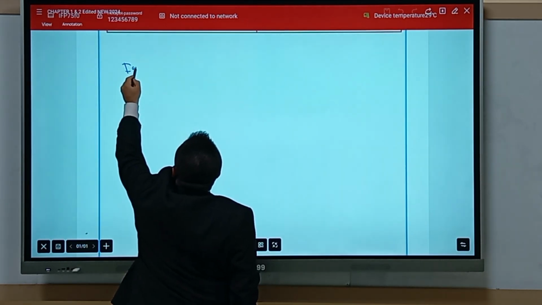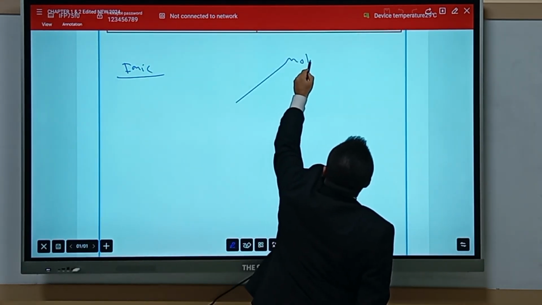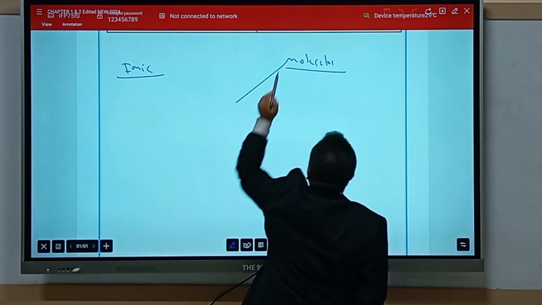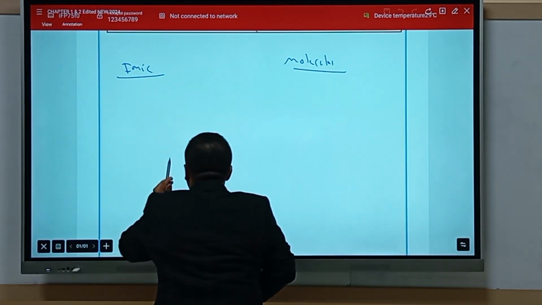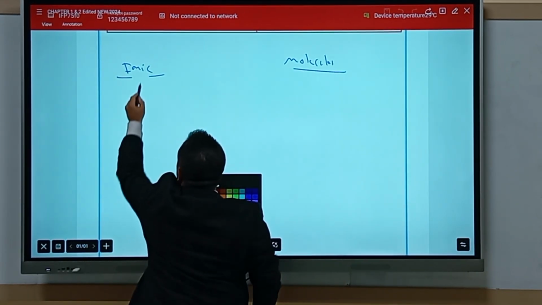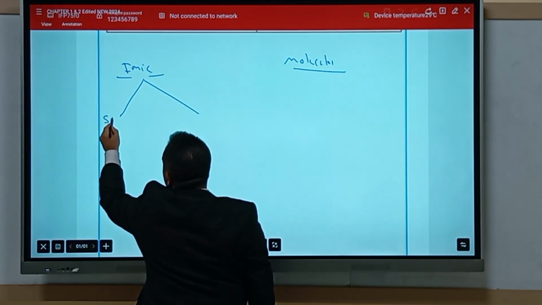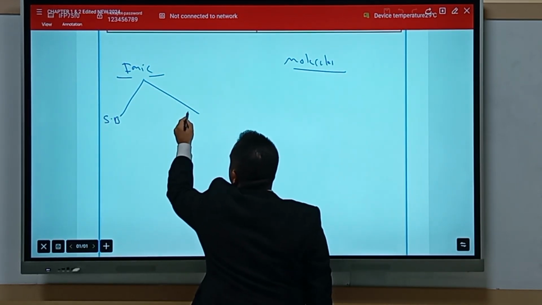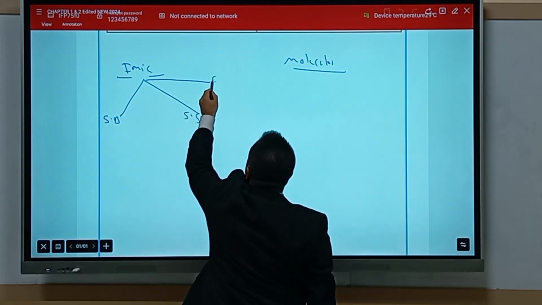Compounds are composed of ionic and molecular. We have two types of compounds, ionic or molecular compounds. The ionics, guys, the ionic compounds, we have strong bases, soluble salts, and few weak bases.